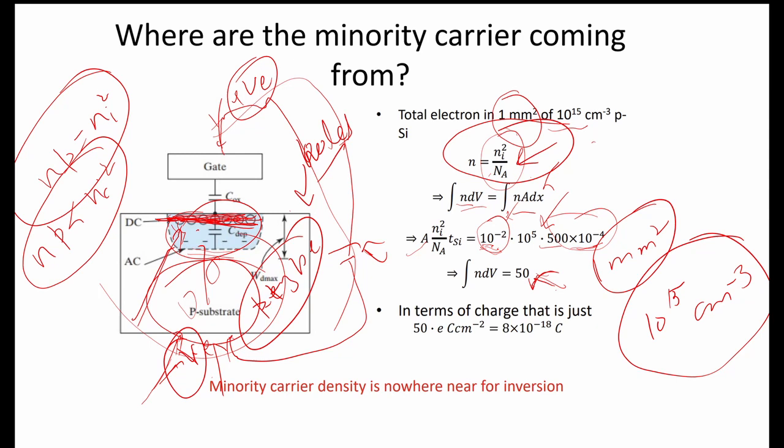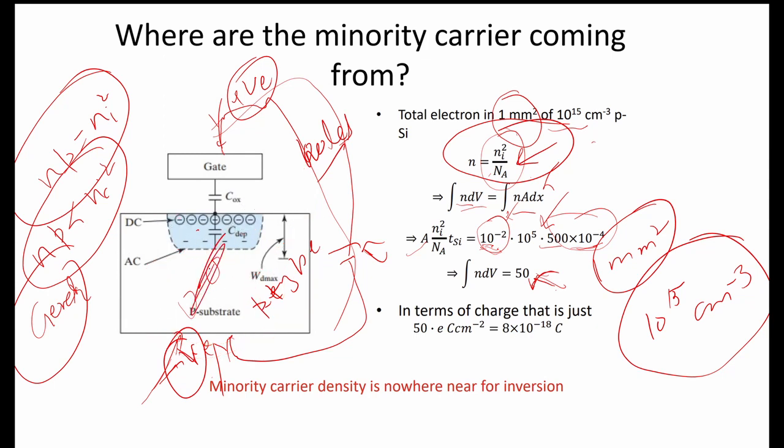There will be generation. The holes are generated in this region. In this region there is a scarcity of both, because the electrons are not there, as this is the depletion region. So in the depletion region NP is less than Ni square.